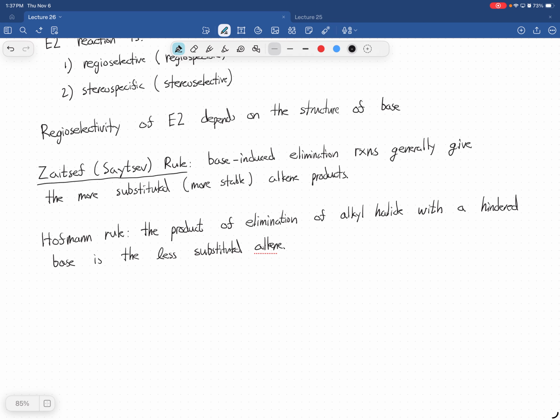All right, so let's show some examples. We have the same haloalkane. We're going to have bromine here. And say we have a different base. Our base is right here. So you might get a combination of the cis and trans alkenes. There's going to be some ratio between these two. So this will be Zaitsev's rule.